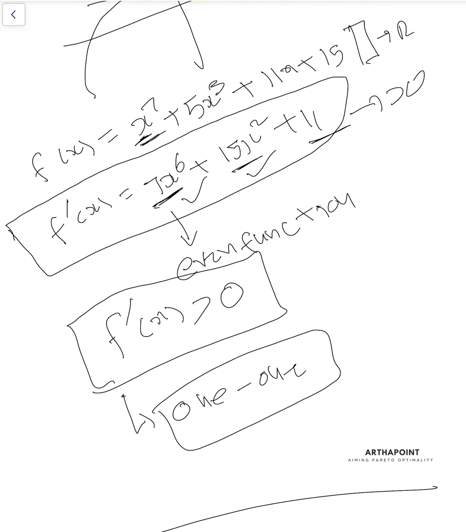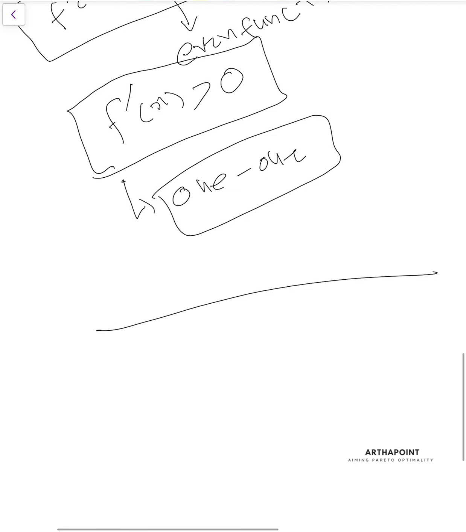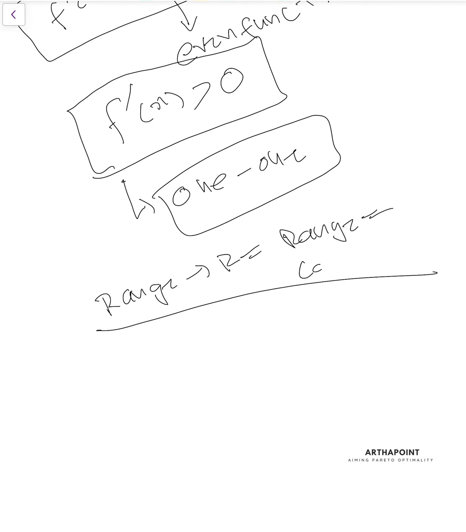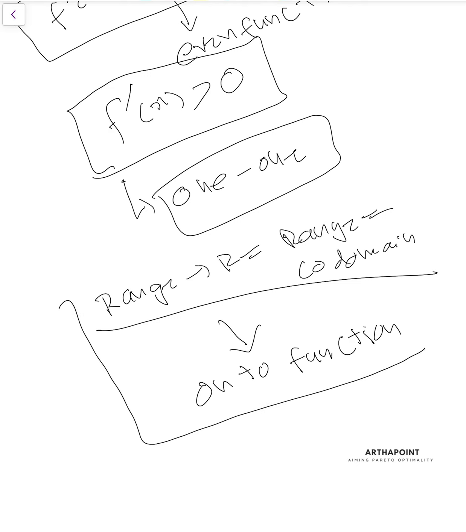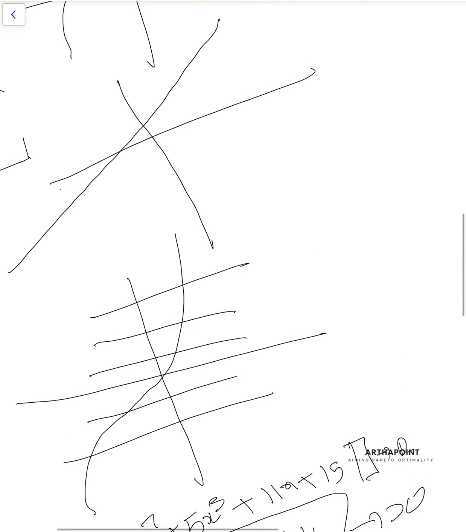So the range will always be between minus infinity to positive infinity, that is R. So range is equal to R, which implies range is equal to codomain. That is the condition for onto function. So our function is both 1-1 and onto.